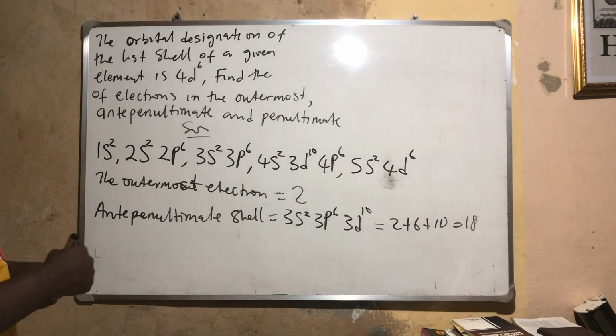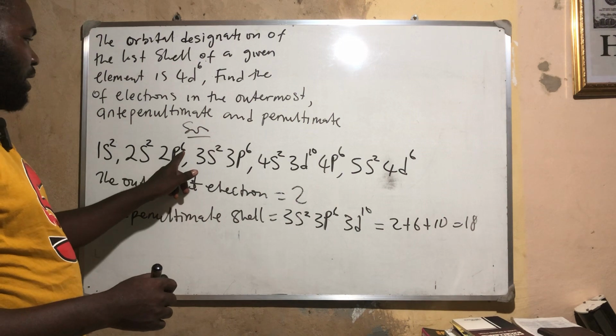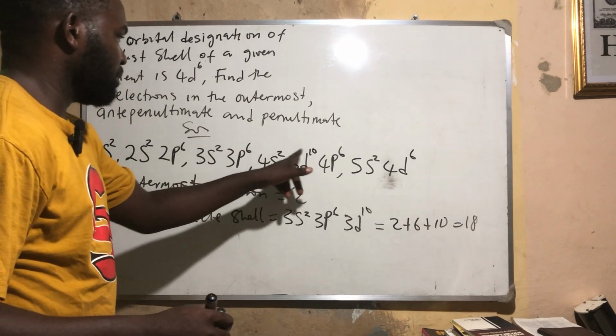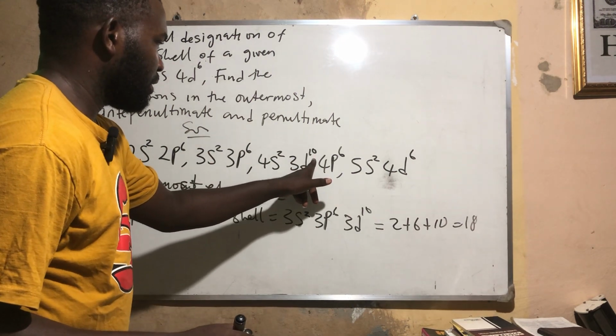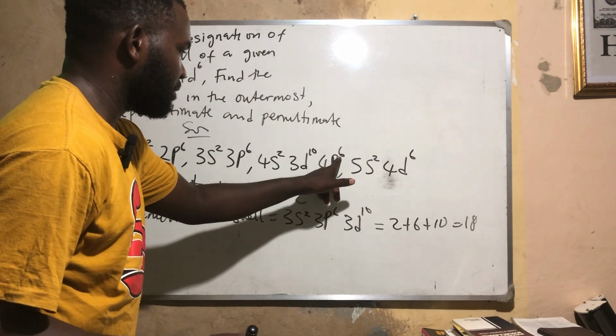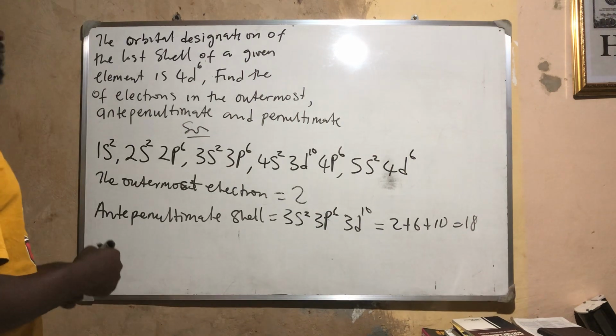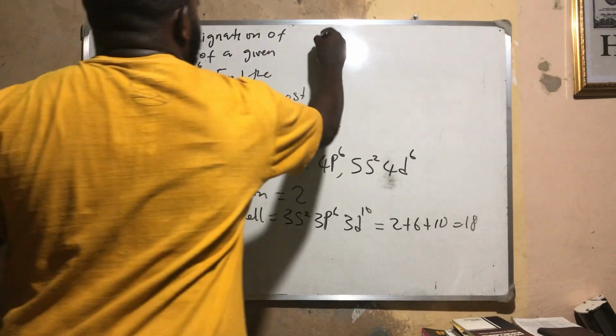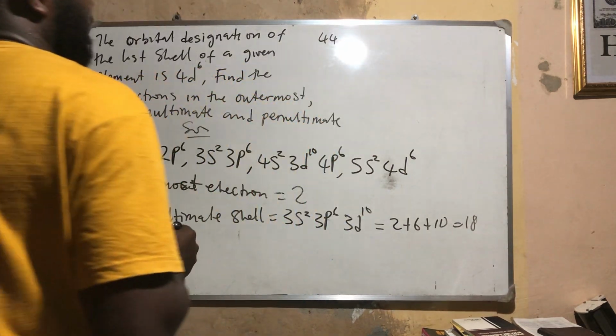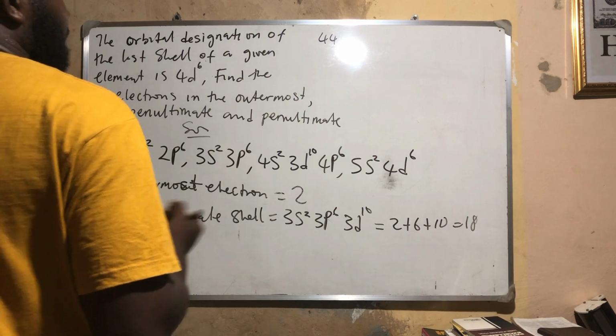So the total number of electrons here is what? From here to here is 10 and 10, 20, 30, 36, 42, 44. So it has 44 electrons. Let me check by KLM shell and see what happened.